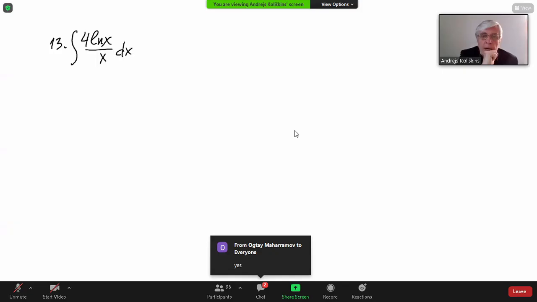So you can check that this is correct, because if I differentiate logarithm, I get 1 over x, as it should be, right? But now we can use this formula from the table. Okay, with alpha, the role of u plays logarithm, and alpha is equal to 1, right? So that the answer is the logarithm square of x divided by 2.